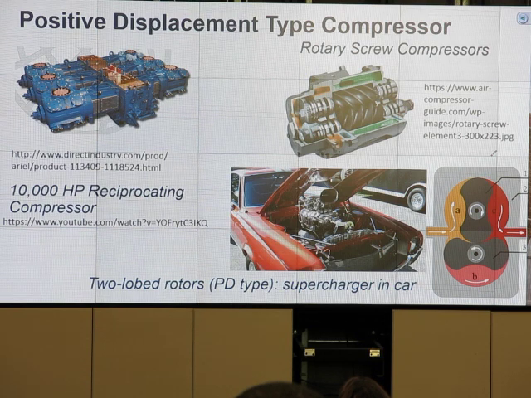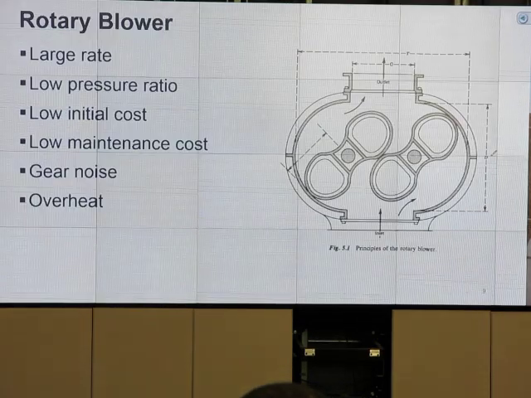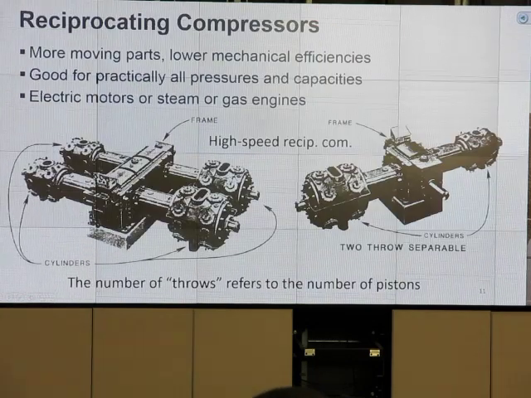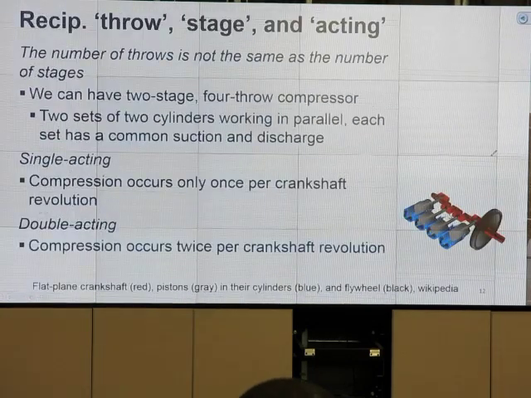The acting tells you how many directions the piston is compressing. It's the number of compressions per one crankshaft revolution. When we turn it one time, how many times do we have compression? So double acting means it compresses both ways. Number of throw is the number of connecting rods coming out. So you know about acting and throw.